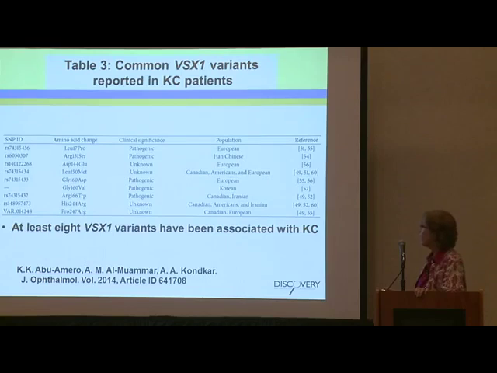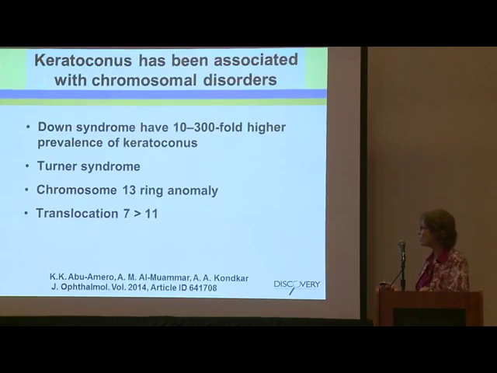And finally, VSX1 was the very first gene associated with keratoconus. So you think, okay, there's one gene associated, it's going to be very straightforward. No, no such luck. At least 8 different variants of that gene have been associated with keratoconus.